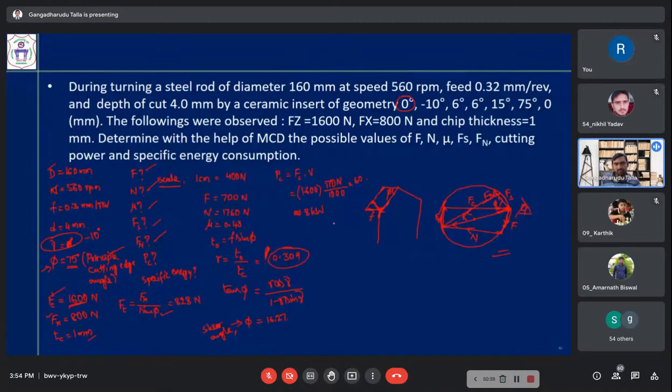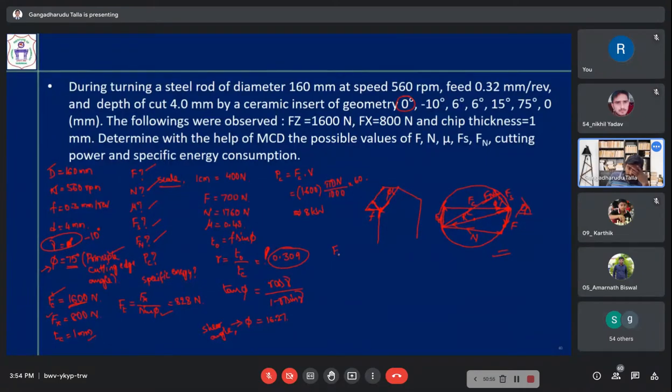Specific energy consumption. Now what is specific energy consumption? How to find that?